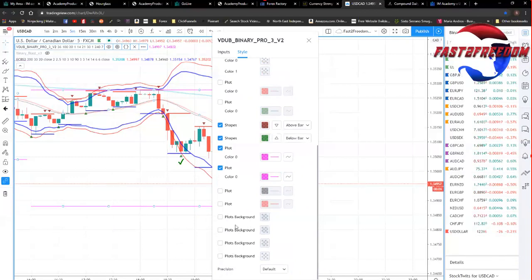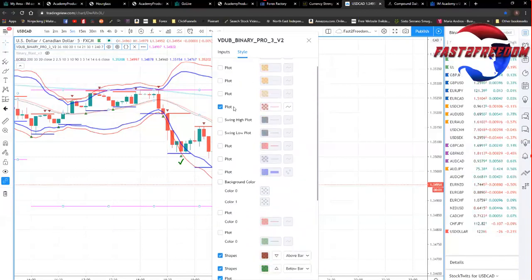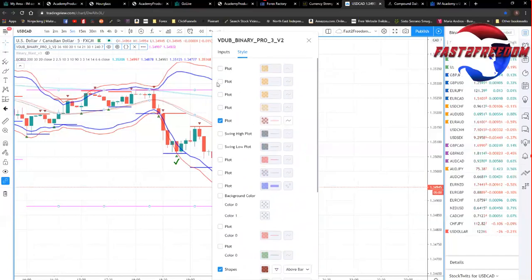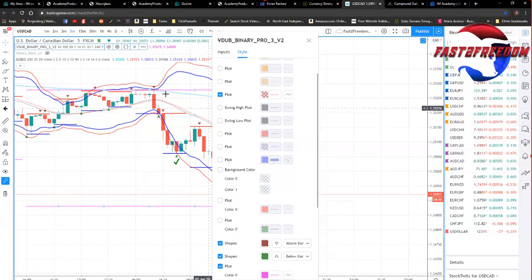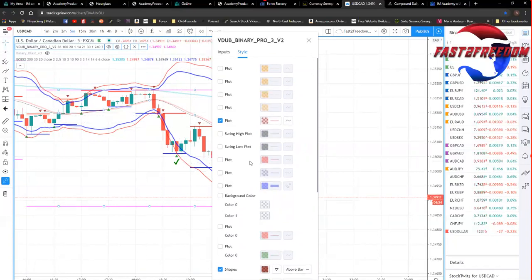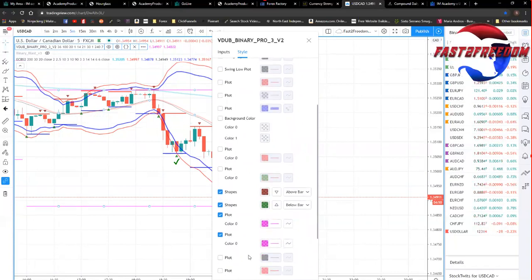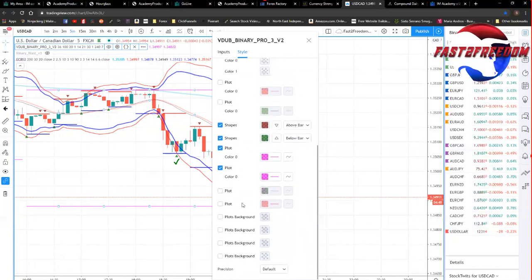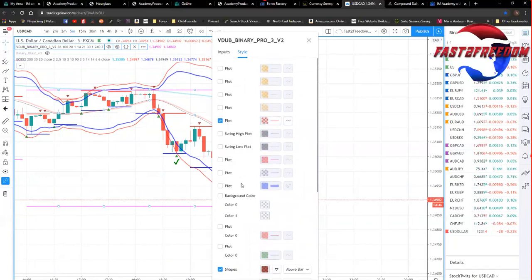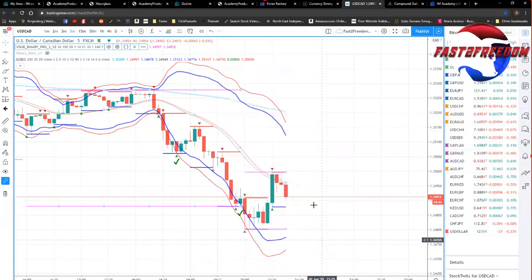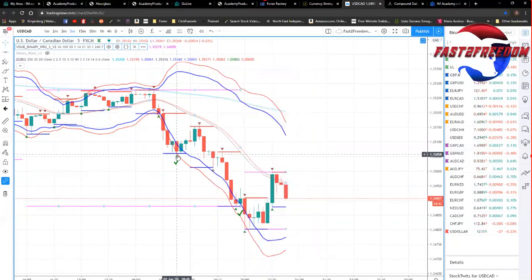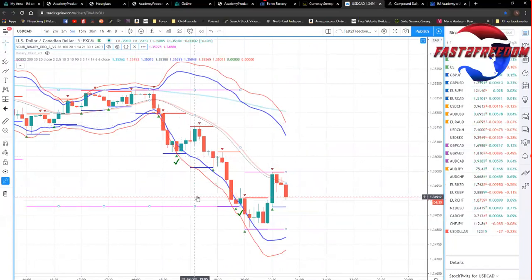It has all this extra stuff that you don't need. It's just fluff, I call it fluff, and it just clutters your chart. So all I needed was 5 indicators inside this strategy, so that it just gives me my triangles, the red and the green, on where I would go into a trade.